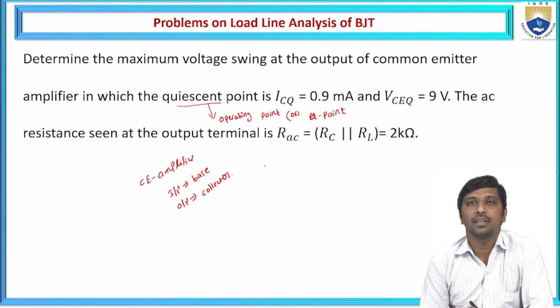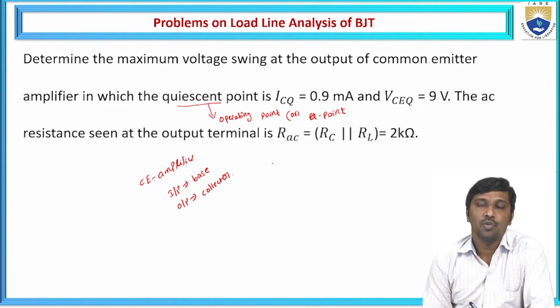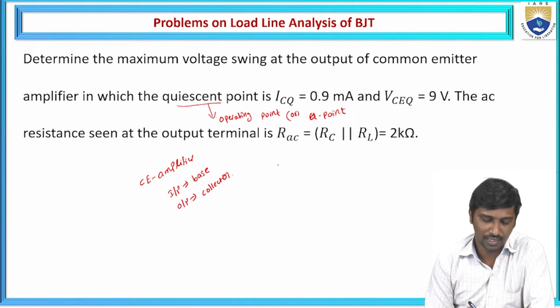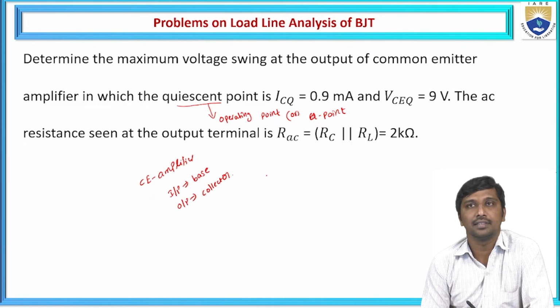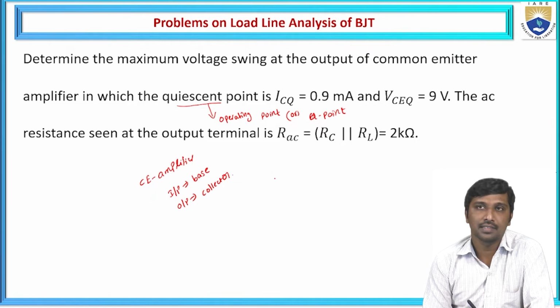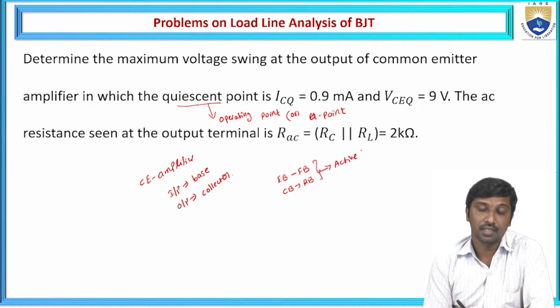Generally, the Q point is located in the active region, at the center of the DC load line. How can we say the transistor is in the active region? The emitter-base junction is forward biased and the collector-base junction is reverse biased.